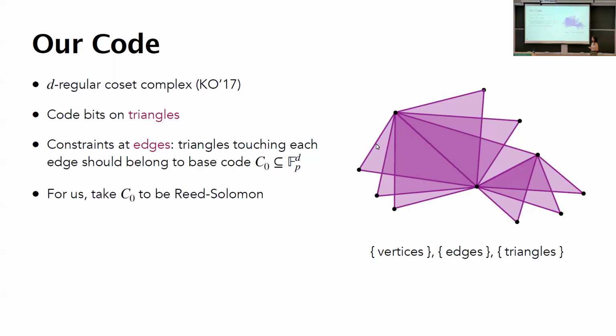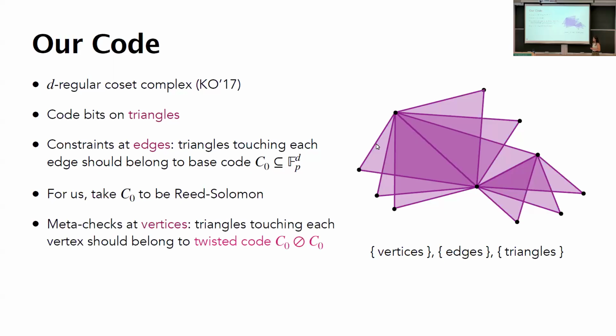Okay. And so this defines a complex, but if you want to show local testability, it turns out you need to connect, or say how the different edge checks are related to each other. It turns out the way to do this is to assign meta checks at vertices. What this means is if you look at every vertex, there's a bunch of edges coming out of it, right?